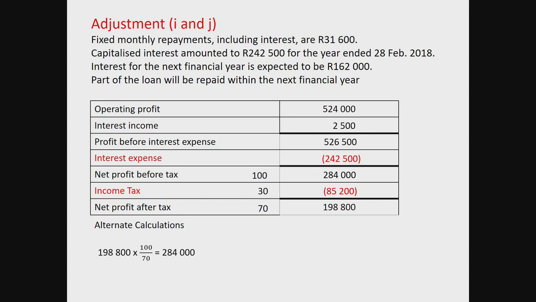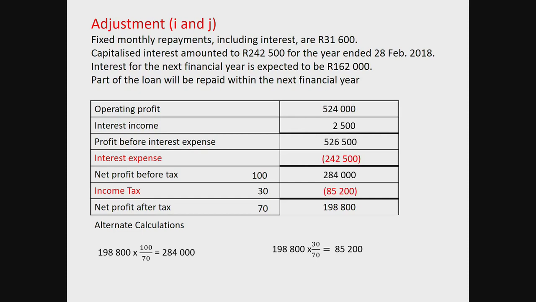So it's just a matter of what we want. We want to calculate the before tax, so that will be 100, and we have the after tax, which is the 70. So it's 100 over 70 times 198,800. Then we could have also calculated the income tax in the same way, 30 over 70 times the 198,800, and that was going to give me 85,200.